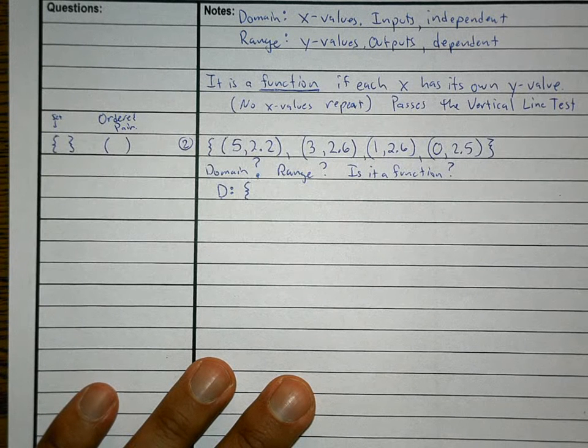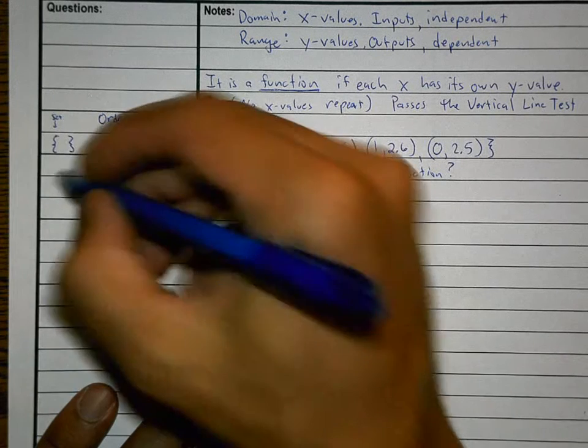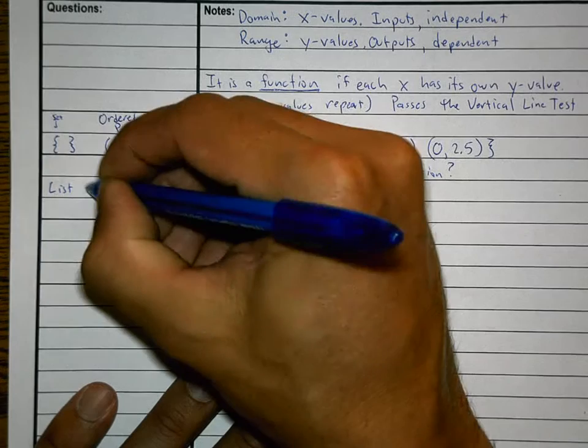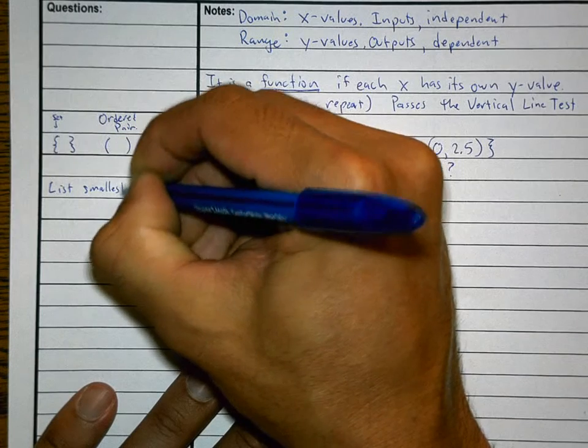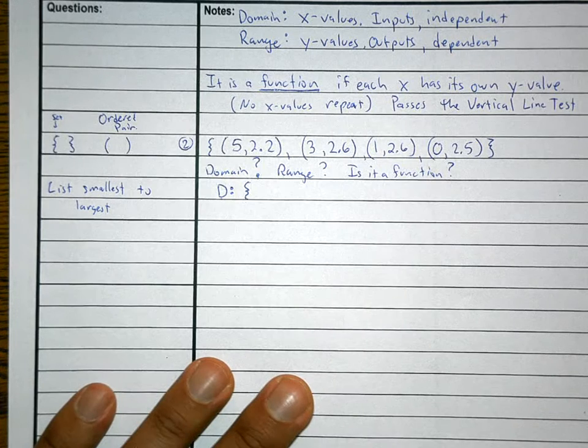Curly bracket is what they're called, braces is what they're also called. Your domain is, I always want you to start off with the smallest number. List smallest to largest, because that's how it is on the SATs.